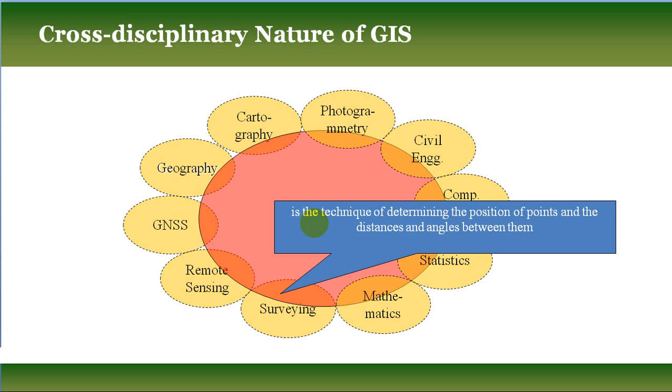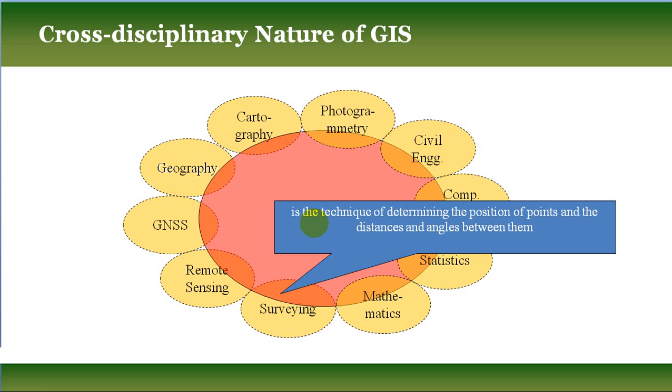With the help of theodolites, total stations, and many other survey instruments, you just go to the ground, and directly from the ground you can collect locational data. This locational data, this survey data, you can later use in GIS software and perform different types of data analysis.